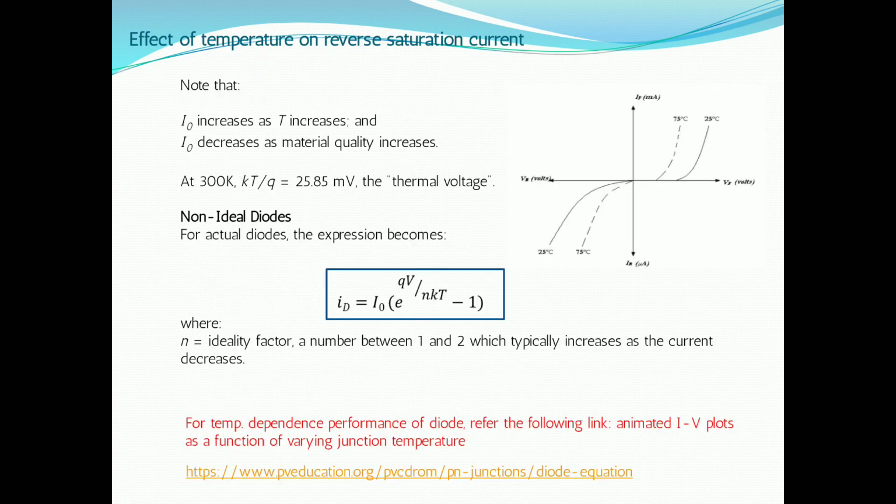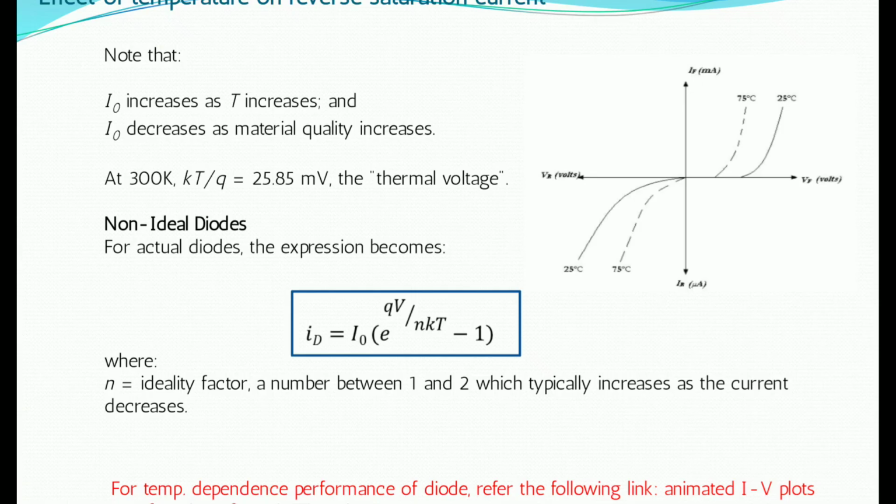Now after seeing the diode current equation, let us see the effect of temperature on reverse saturation current. You can see in the figure, friends, we note here that I0 increases as T increases, and I0 decreases as material quality increases. At room temperature, or 300 Kelvin, this factor kT upon q is equal to 28.5 millivolt, which is the thermal voltage.